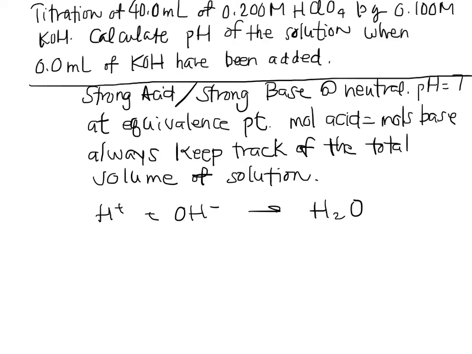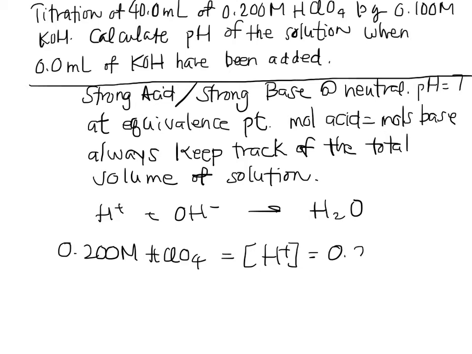That's the easiest part, because all we have to do is calculate the pH of the strong acid. And you know that the molarity of a strong acid is going to equal the hydronium ion concentration, because strong acids will completely dissociate. So now we can just take the negative log.